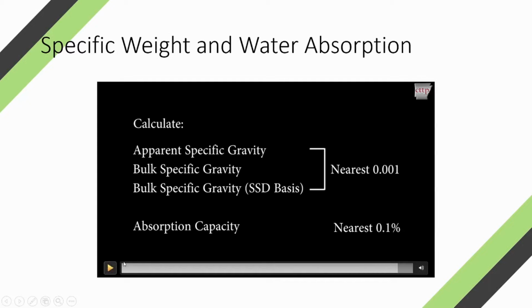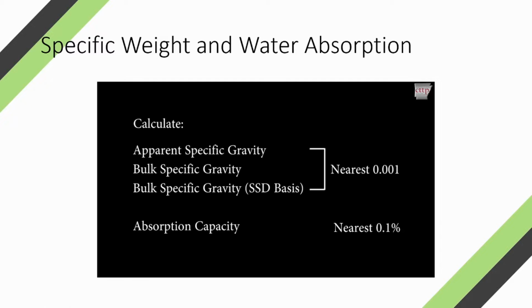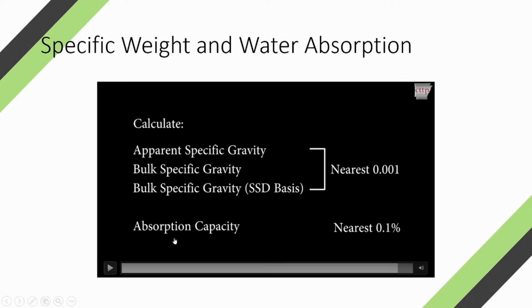So, based sa mga nakuha natin na data, pwede na natin i-compute yung ating apparent specific gravity, bulk specific gravity, and yung bulk specific gravity na basis natin is yung SSD condition, and yung ating absorption. So, water absorption niya.